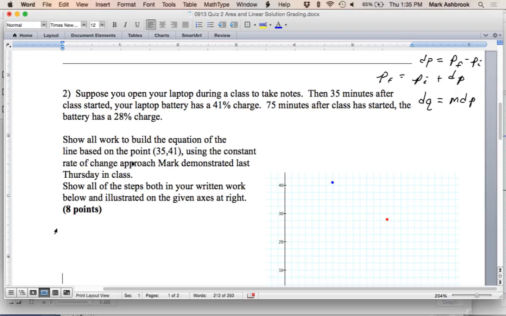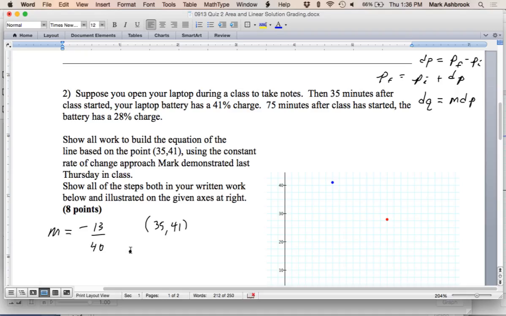What was the constant rate of change for this? Does anyone remember? Negative 13 over 40. So here's what the process I showed you is not the same as. I want this to be clear. You find the constant rate as negative 13 over 40, and then we have the initial point, (35, 41).